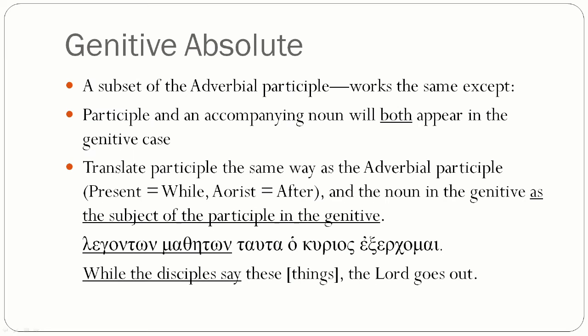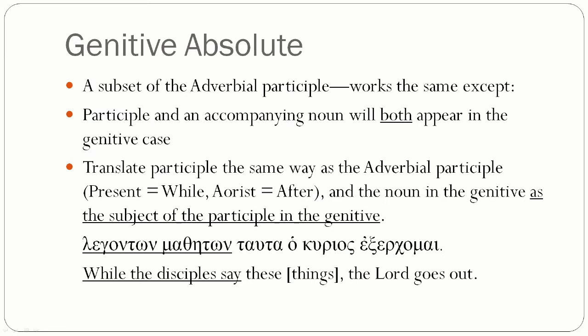It kind of stands out there by itself, not really interacting with any other part of the sentence. All right, so it's very easy to recognize, but once you've recognized that you have a genitive absolute, how are you going to translate it?